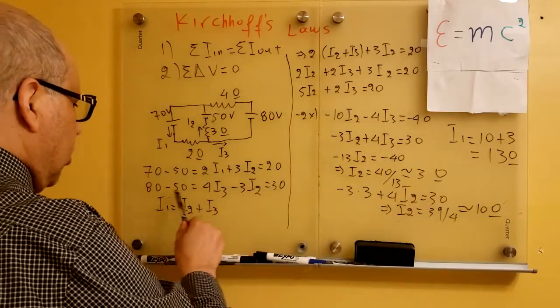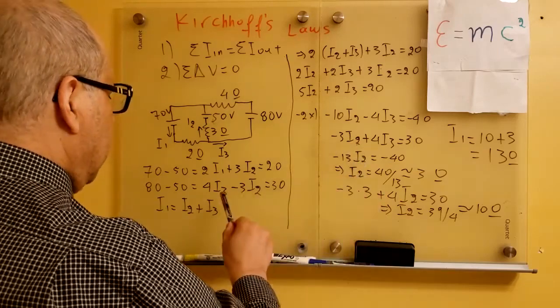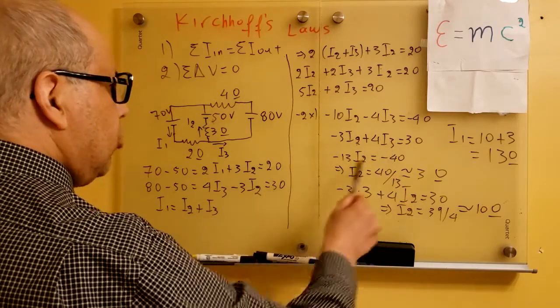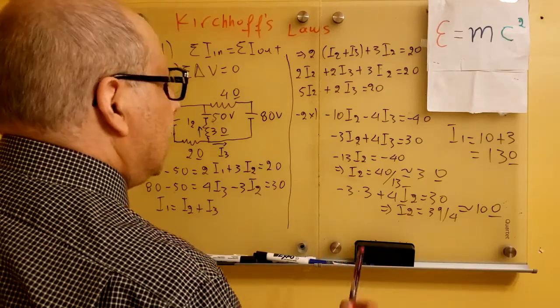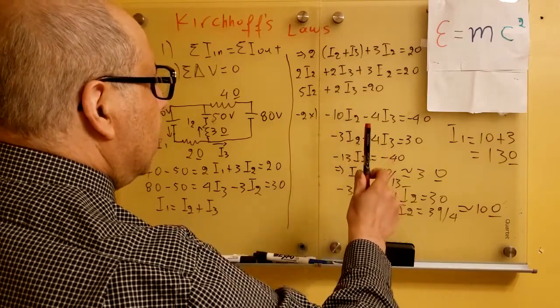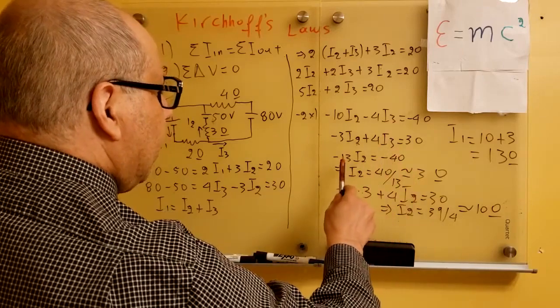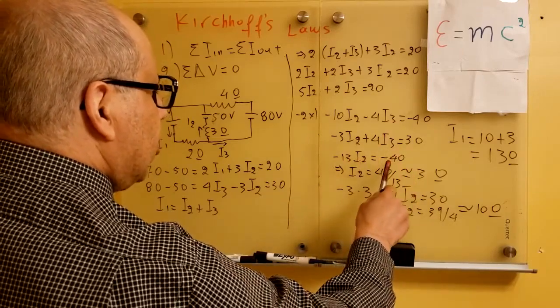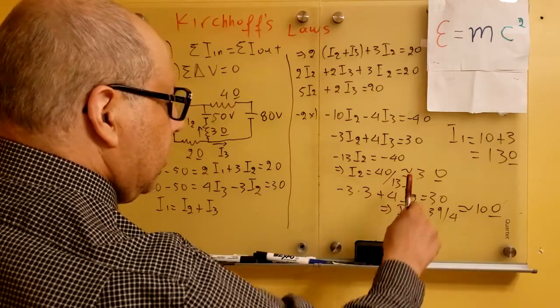And I take also this equation here, which is minus 3I2 plus 4I3 is equal with 30. So if I add these two equations, the I3's cancel each other. So I have that minus 13I2 is equal with minus 40. So I2 is equal with 40 over 13.